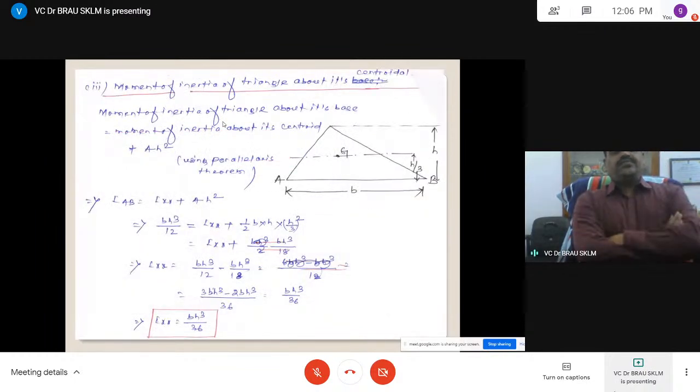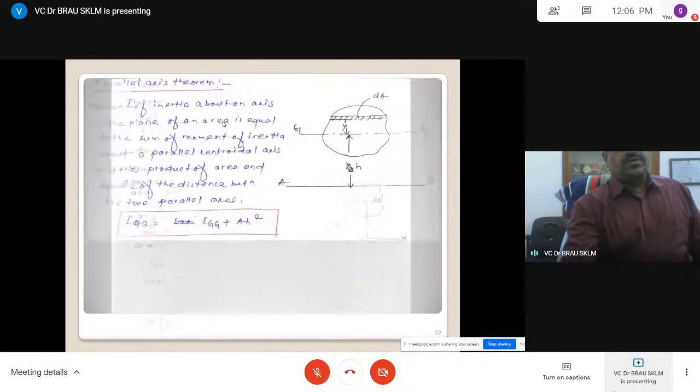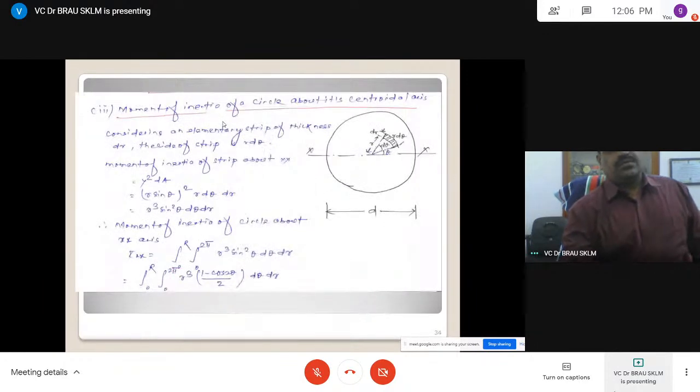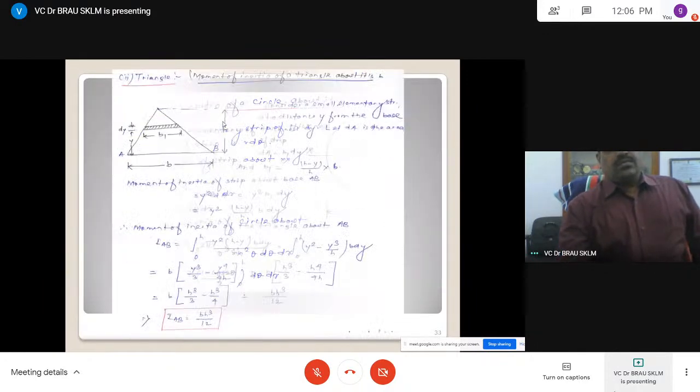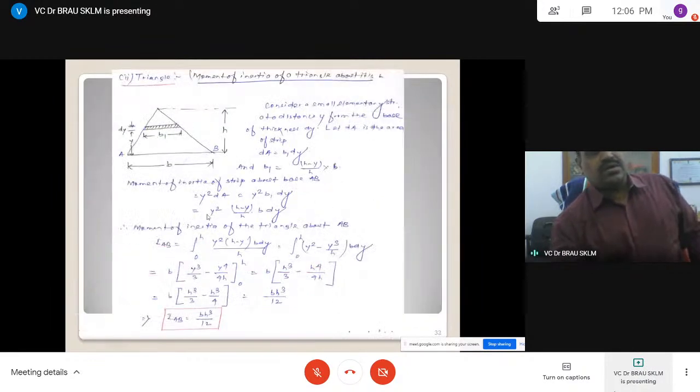Now let us see the moment of inertia of a triangle. IAB is equal to IG, which is known to you. Just now we have derived the moment of inertia about the base of the triangle, BH cube by 12.